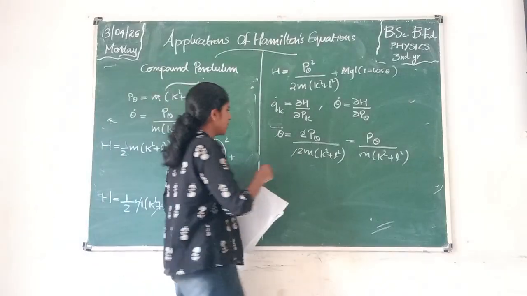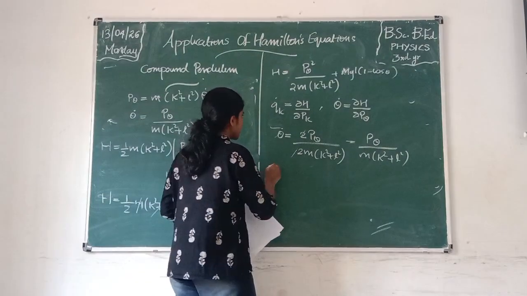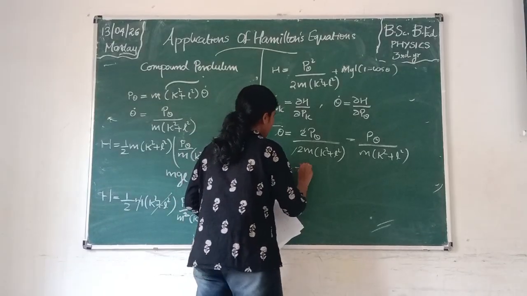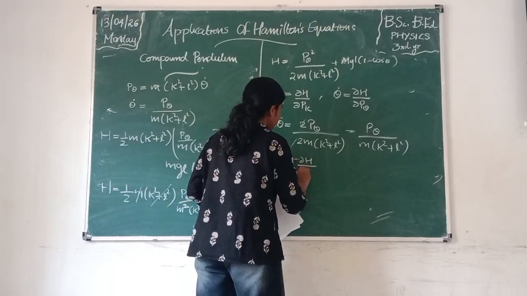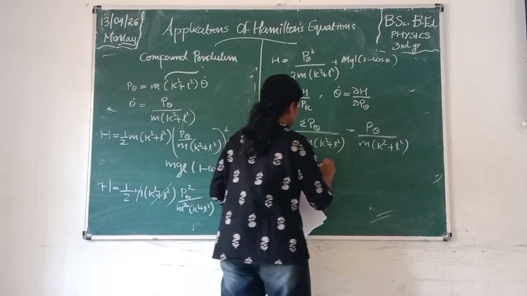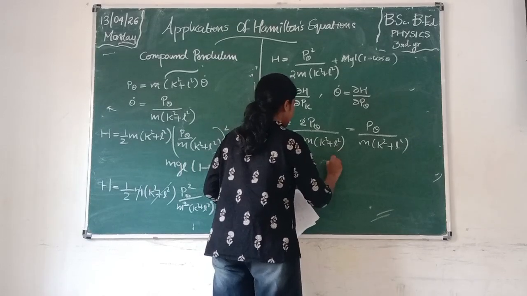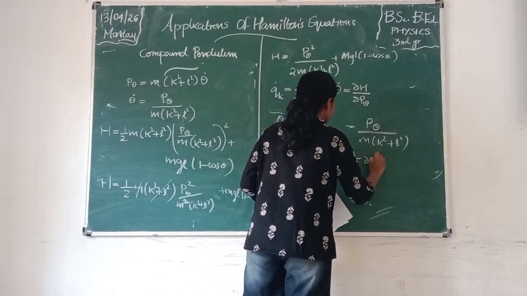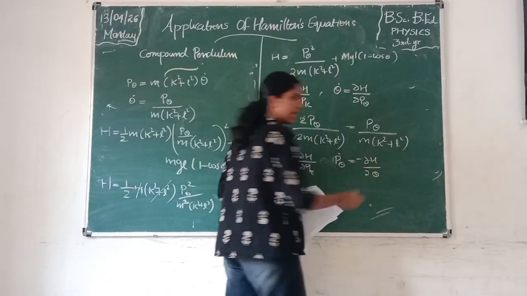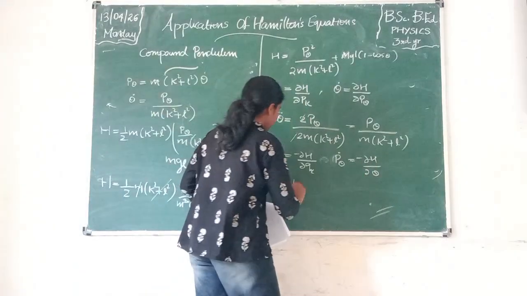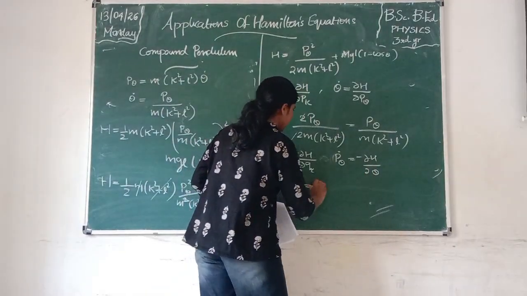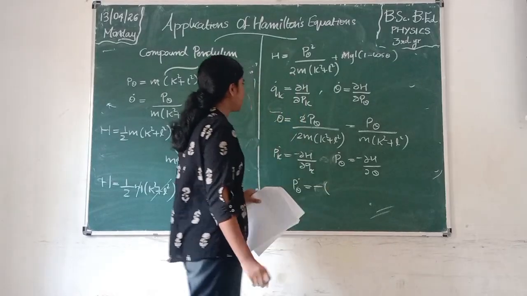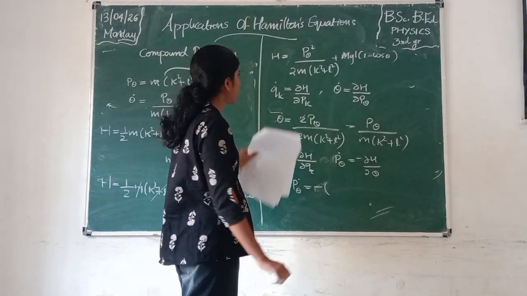Okay, so this is the first equation. And the second equation is pk dot is equal to minus partial H by partial qk. So p theta dot is equal to minus partial H by partial theta.